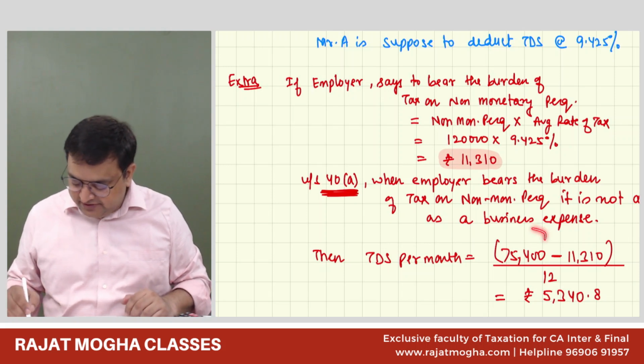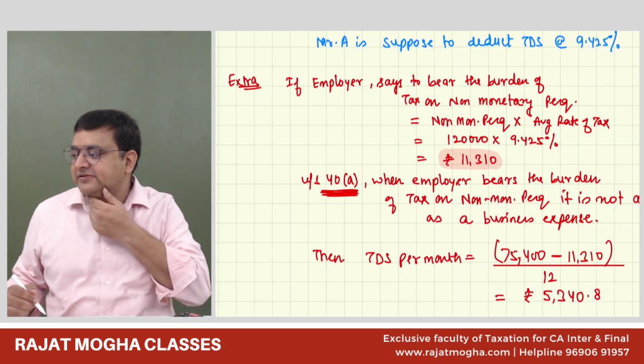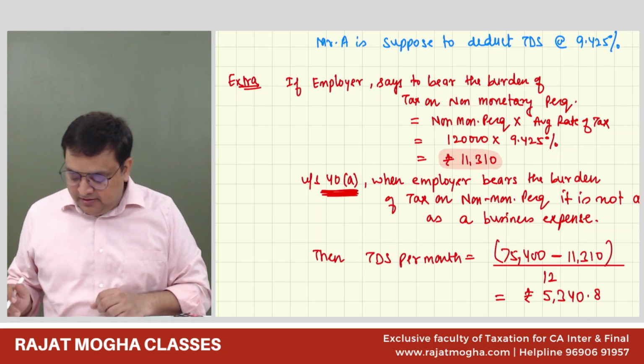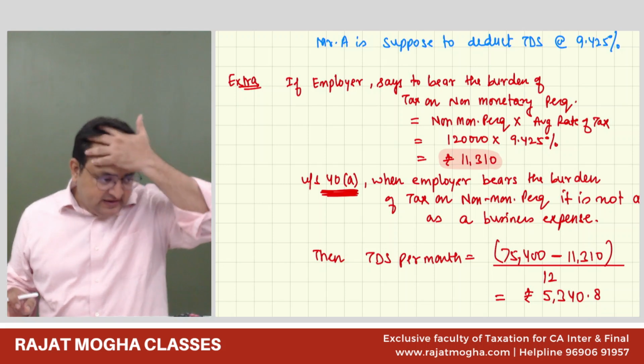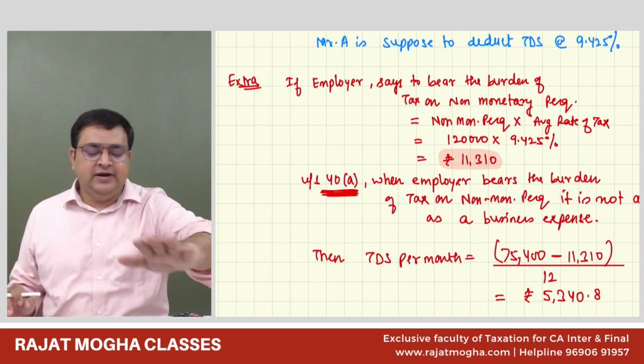But my question is, have you all understood why I have done this? Yes, sir. Good. Everyone, Vignesh, Bala, Sugandha, got it? Smriti? Good. Because see, out of the total tax, he is bearing 11,310. He is saying it is on me.